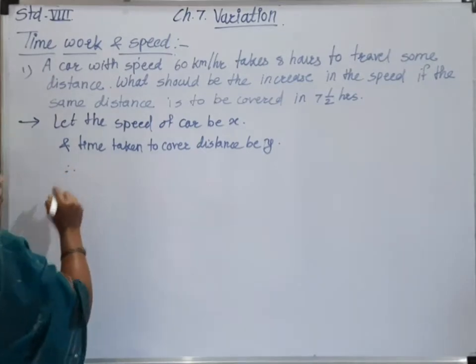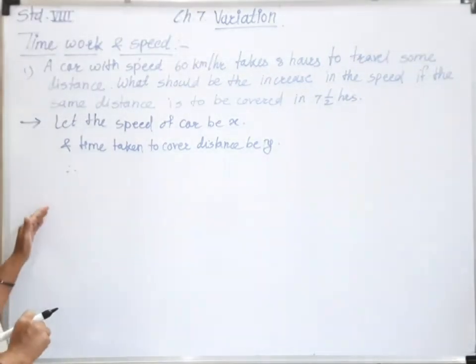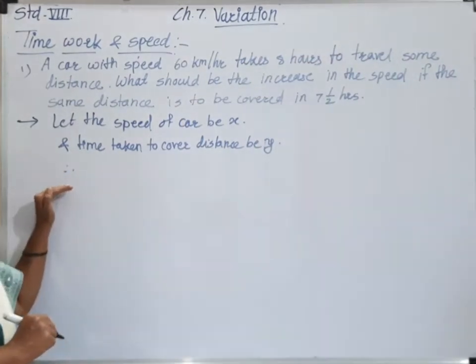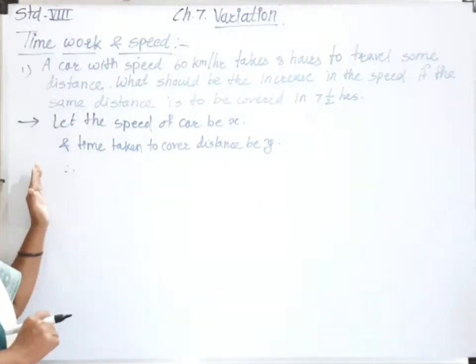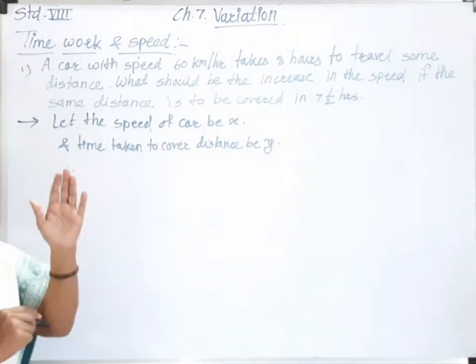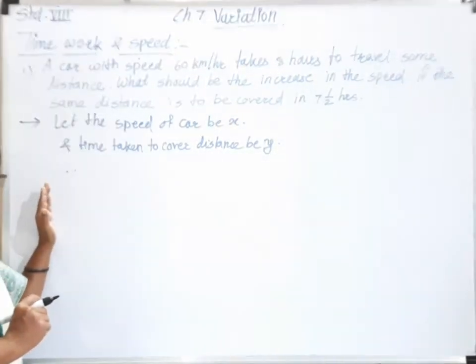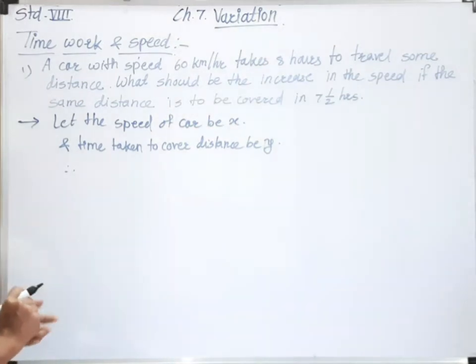Now this is an example of inverse variation, because if we require less time, then we have to increase the speed. It means one quantity is increasing, then the other is decreasing. So examples of this type are of inverse variation.